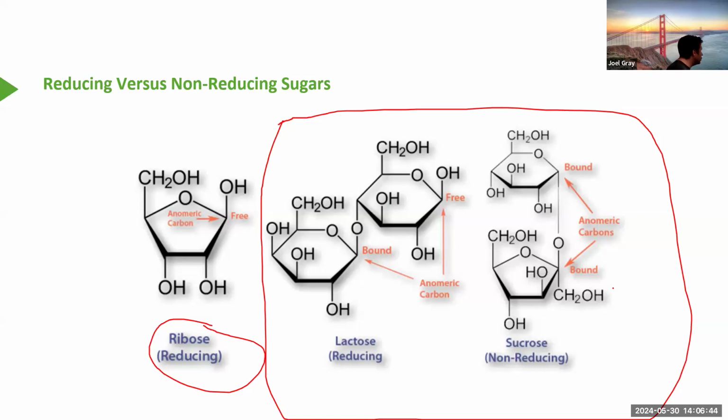Instead, it has 2 bound anomeric carbons. So when we look at something like a non-reducing sugar, you should identify within each one of those monomeric units, each one of those monosaccharides, where's my anomeric carbon? And then say, all right, what is that anomeric carbon bound to? Is that anomeric carbon bound to another anomeric carbon, or is it not?